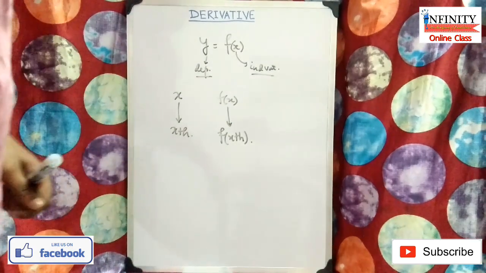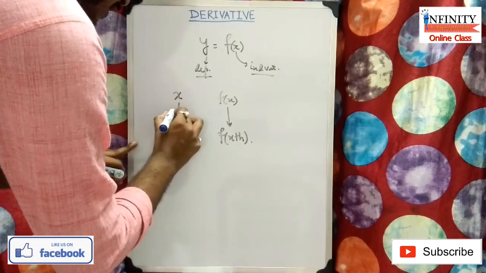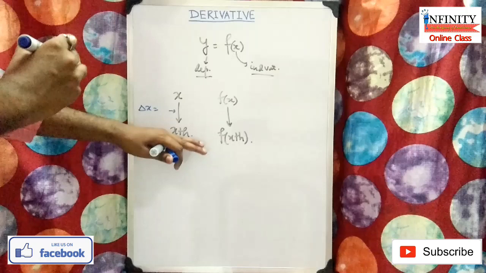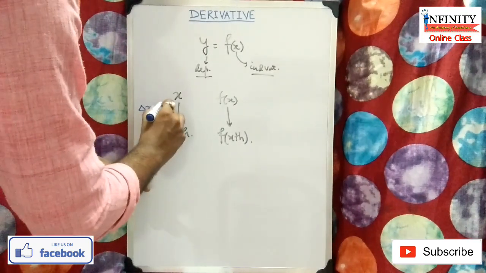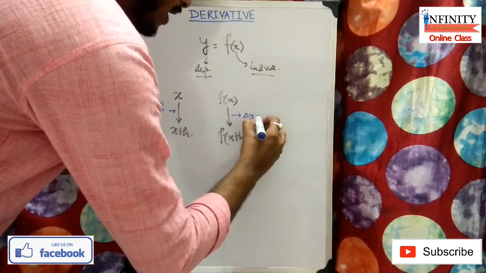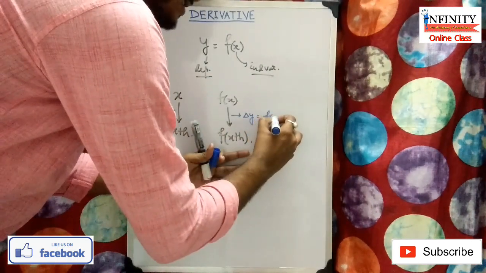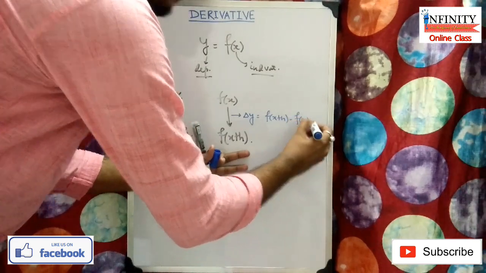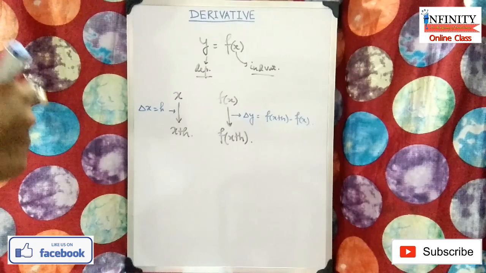Then what will be the change in x? That will be denoted as delta x, that is the final value of x minus the initial value of x, that is h, and correspondingly the change in y will be denoted by delta y. Delta y is f of x plus h minus f of x, that is the final value of y minus the initial value of y, correct?